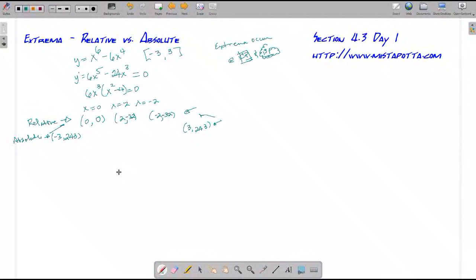Absolute is which one is the highest. So of the 5 y values that I have, which ones are the highest?